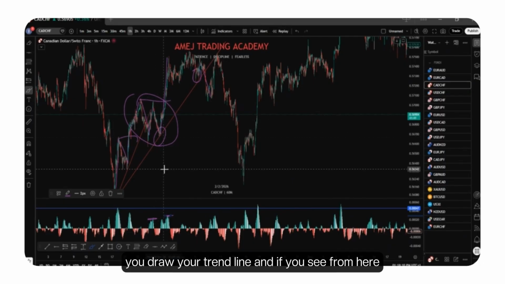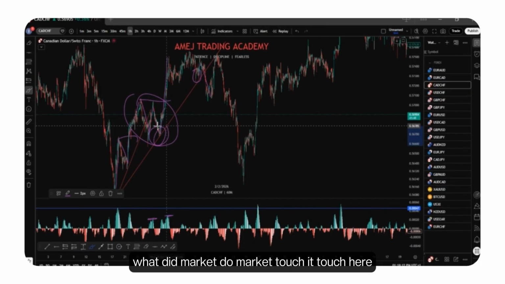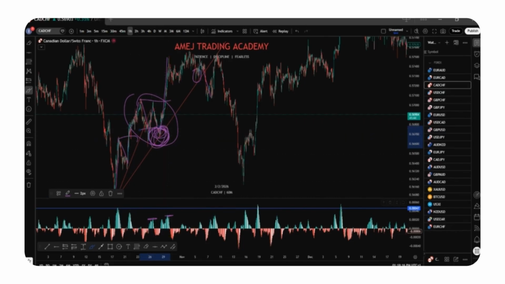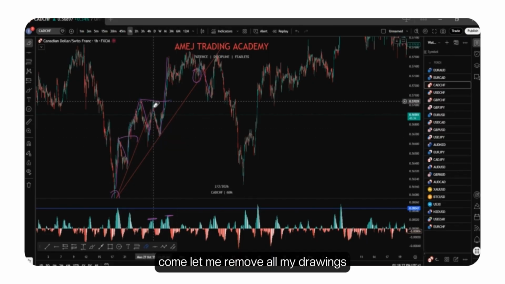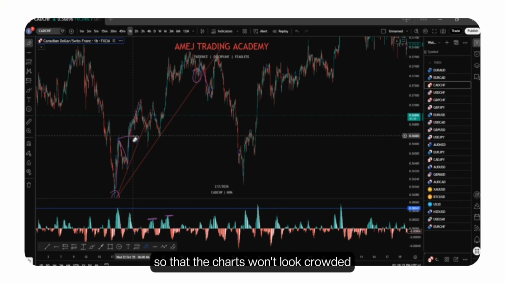And if you see from here, what did the market do? Market touched here. Market touched here. So what we are going to do now, let me remove all my drawings so that the charts won't look cluttered.